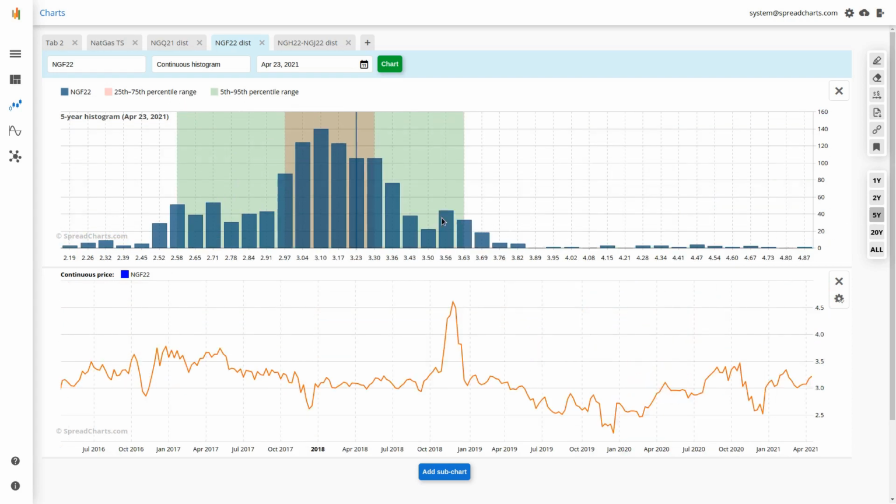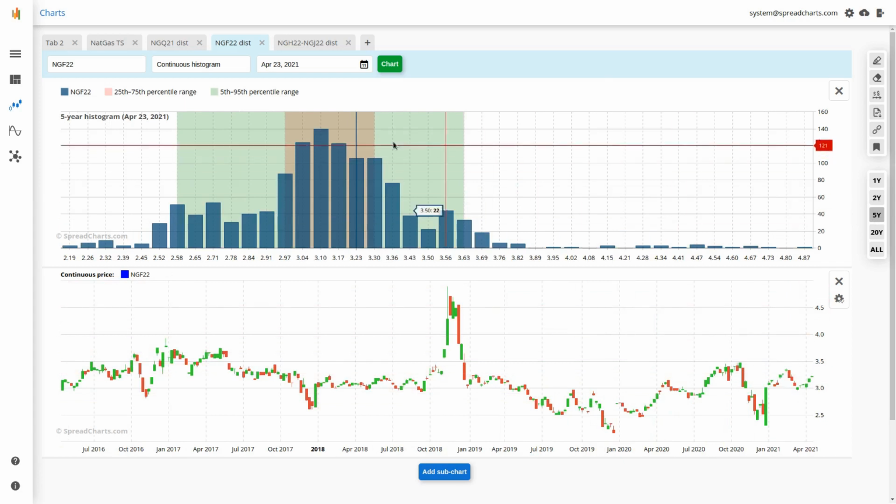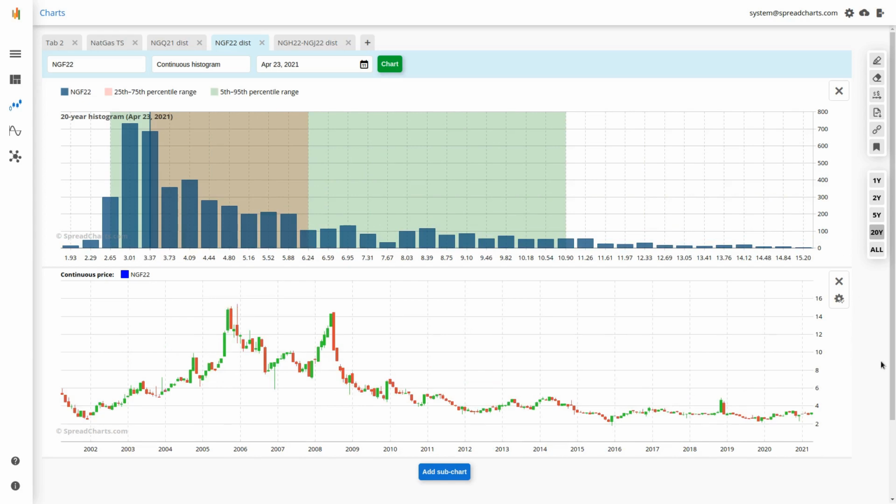However, on the 5-year distribution, we are well in the red field, which means that the market is neither overvalued nor undervalued. And when I switch to the 20-year distribution, you can see the same picture as on the August expiration. The price is simply very low from the long-term perspective.